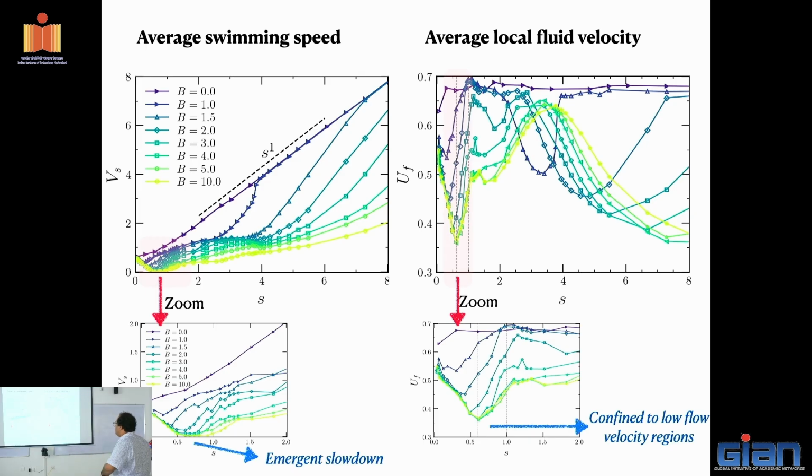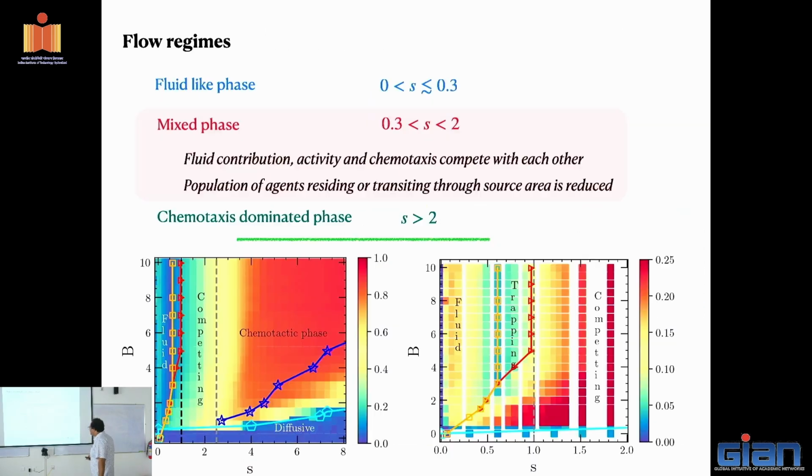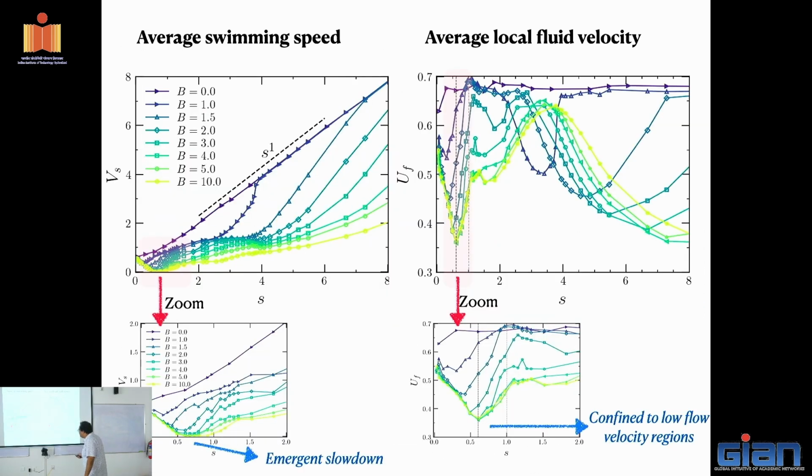If you look at that observable, as I increase the swimming number, initially it starts to decrease, and for some cases it drops to 0, and then starts to increase and shows some complicated behavior that depends on B. If I zoom in here, you see for different B what is happening. It starts from here, decreases and becomes almost 0, in the range 0.5 to 1 for this S, and B let's say 10.